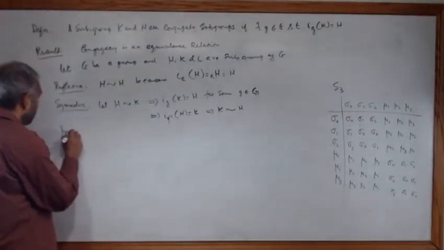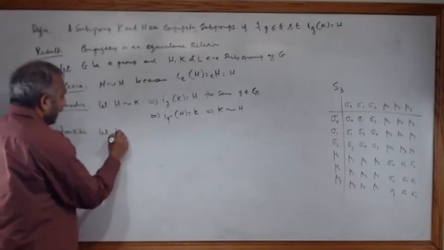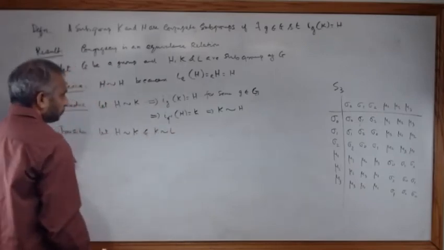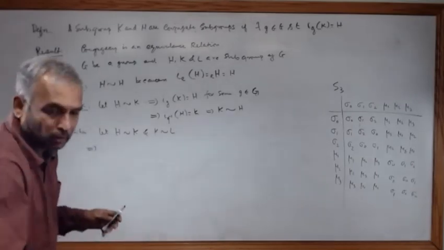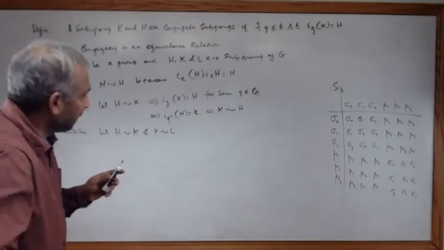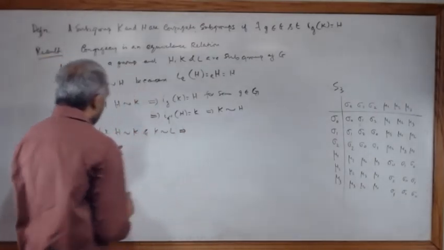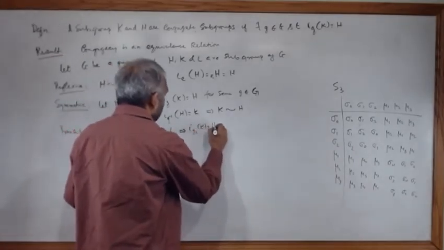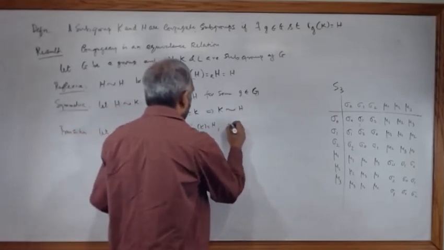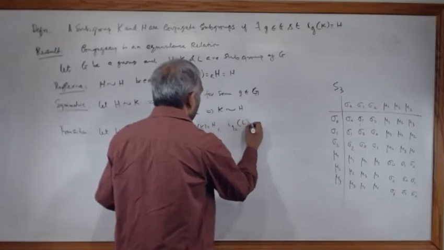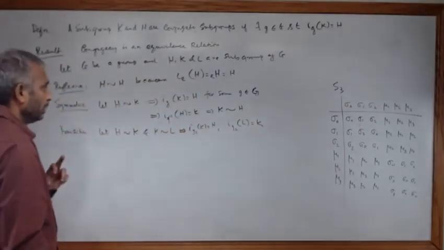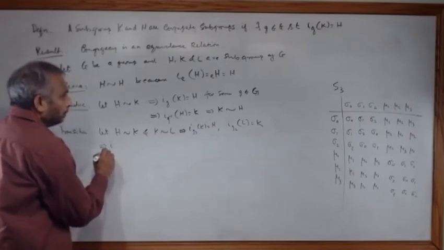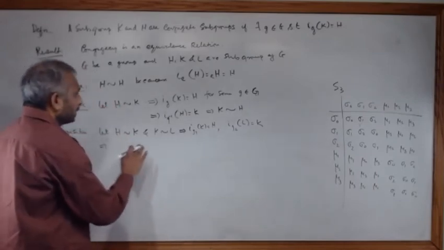Now transitive. Let H is related to K and K is related to L, and that implies ig1 of K is equal to H and ig2 of L is equal to K. So what does this mean?